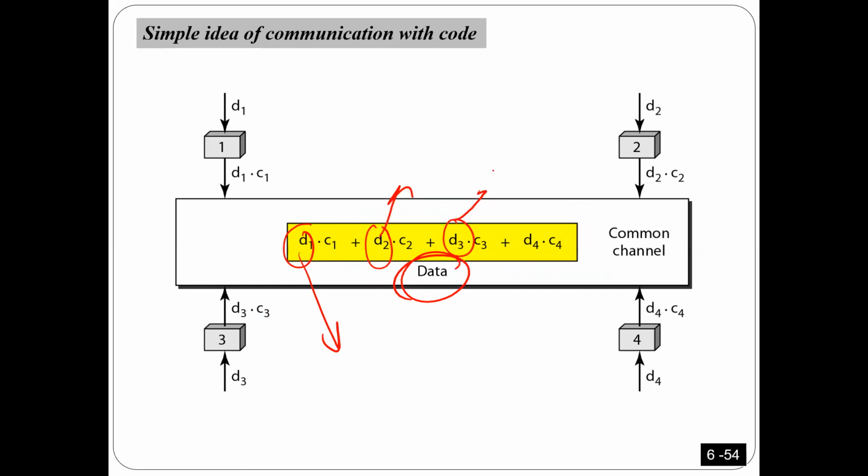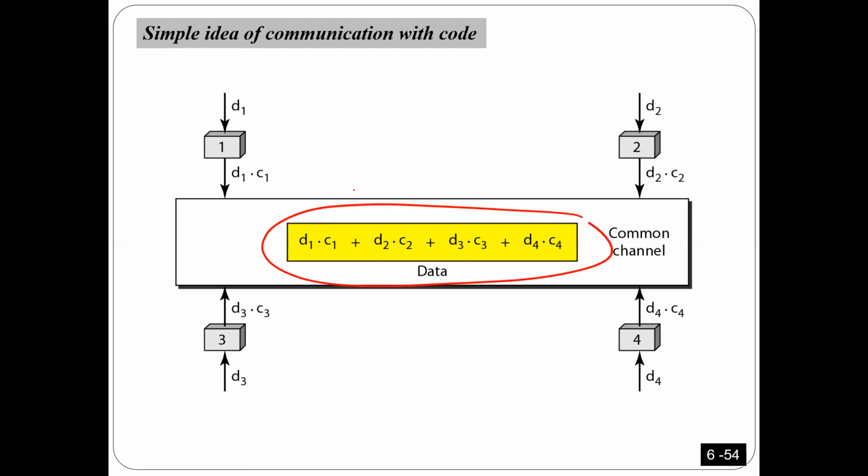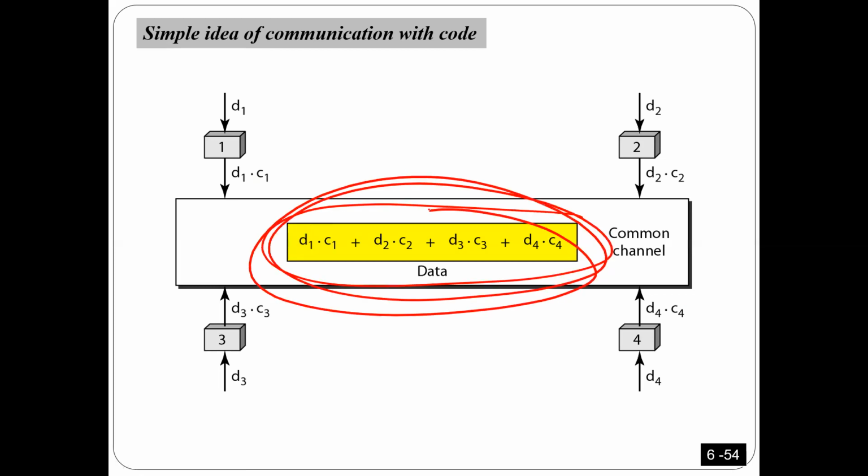If I want to extract D3, how can I do that? Very simple idea. Again, number one, every computer has a code. Number two, every computer has to multiply the code by the data and transmit. As a result, you have everything added this way. Now I'm going to do something interesting so that I can extract D1 from here.